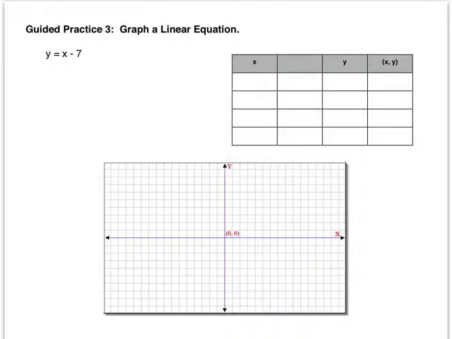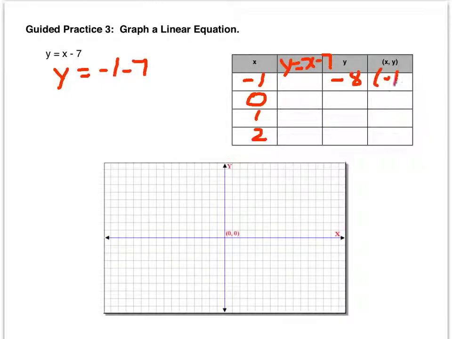Let's look at guided practice 3 together. Y equals x minus 7. I'm going to use my same old values that I've been using, -1, 0, 1, and 2. So I'm going to find my y values by substituting in. So I have y equals -1 minus 7, which is -8, -1, -8.